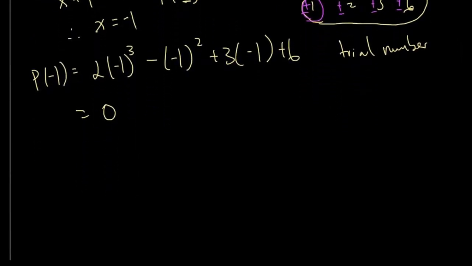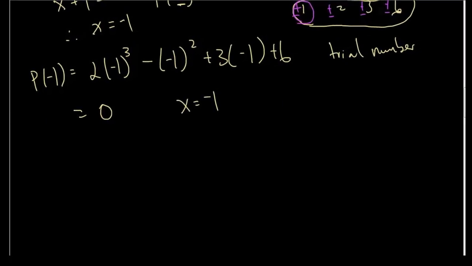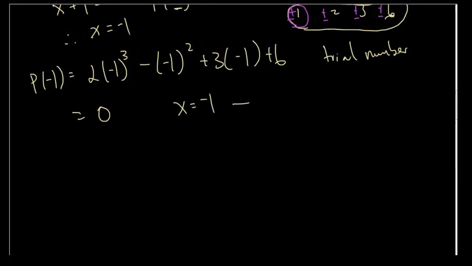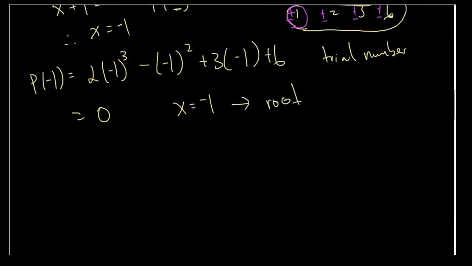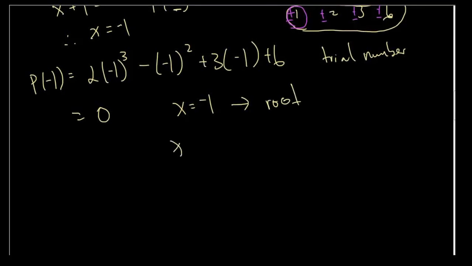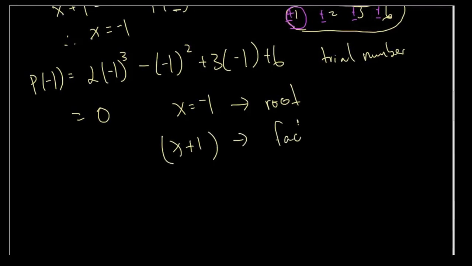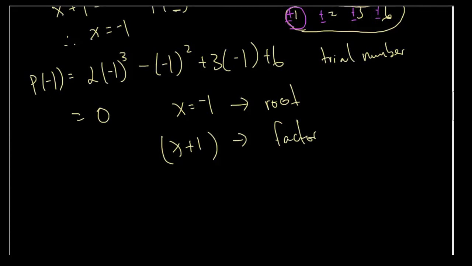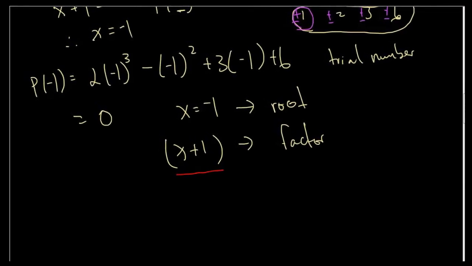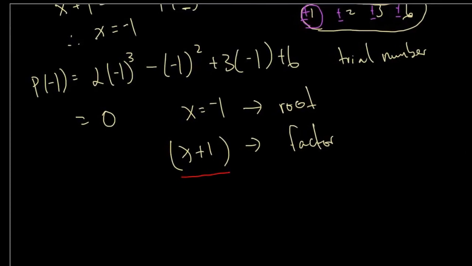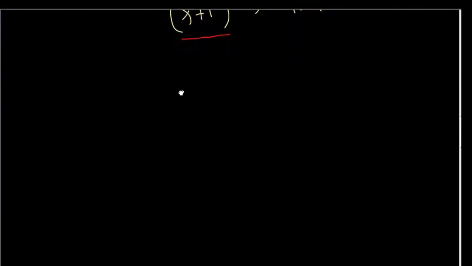So what that tells me is that at x equals negative 1, negative 1 is a root of my function, so my factor will be x plus 1. This is very crucial information because I can use it to deduce my other two roots.